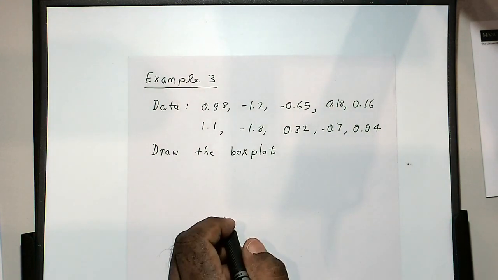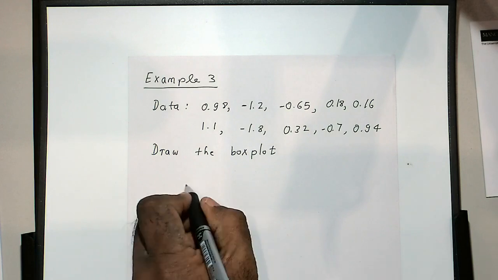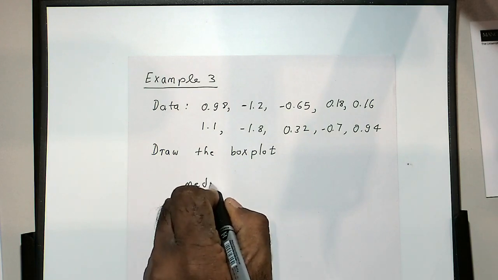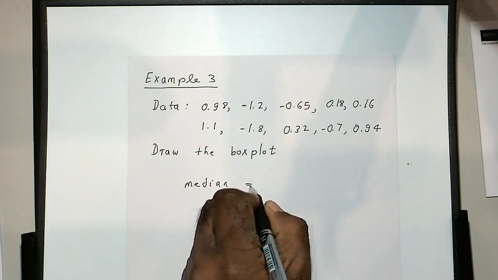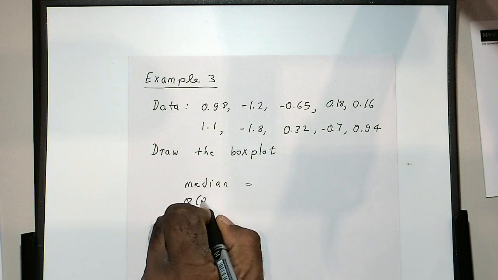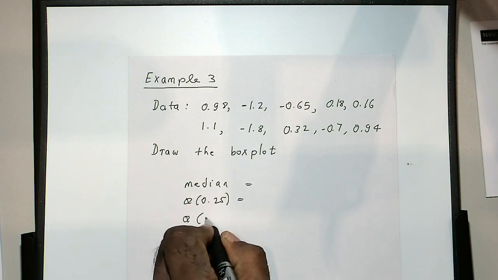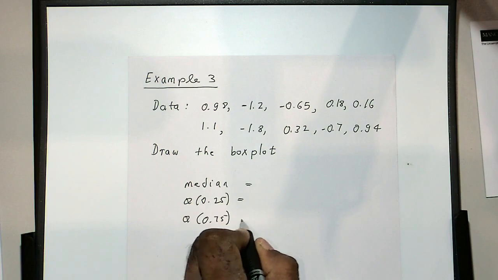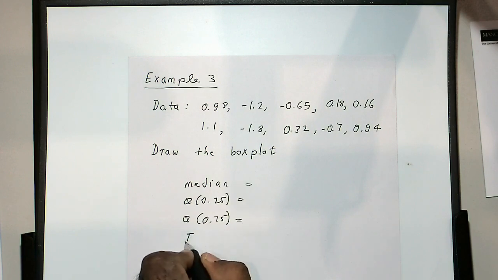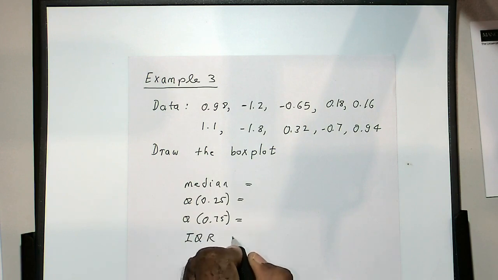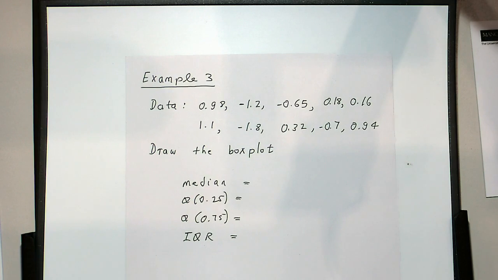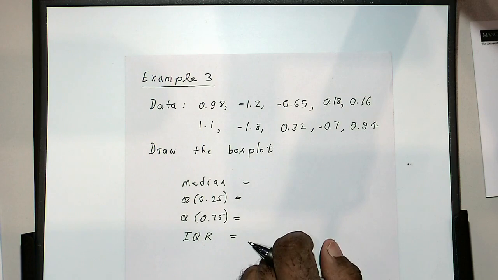To draw a box plot, you need to compute a few things. You need to compute the median, right? You need to compute the first quartile. You need to compute the third quartile. And you need to compute the IQR, or interquartile range. So you need to compute these 4 things in order to draw a box plot. Because I don't have the time, I will just write down what the numbers are, okay?